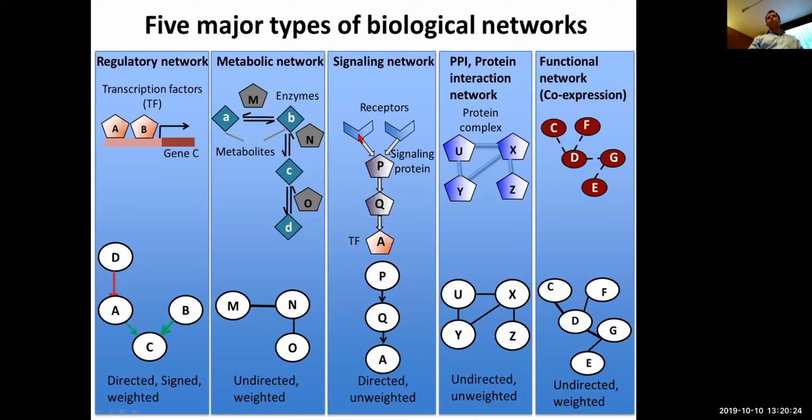They might be sending that signal through phosphorylation of the target substrate protein, and then eventually leading to, for example, the activation of the transcription factor or its localization inside the nucleus or outside in the cytoplasm and so on and so forth. Okay. And then these are directed because, again, the order of phosphorylation events is directed, and usually they're unweighted because we frankly don't know the weight.